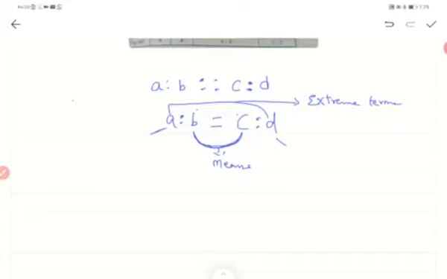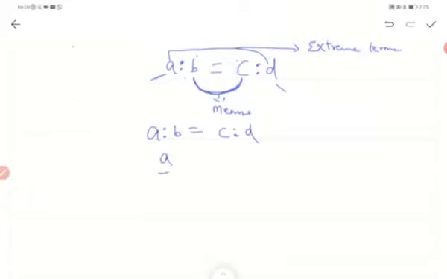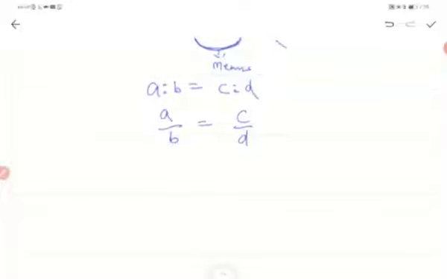So what we can write A is to B is equal to C is to D as what? A is to B is nothing but A by B. This is equal to C by D, right? So just cross multiplication. These two will be cross multiplied, these two will be cross multiplied because it is equal to. So AD is equal to BC.